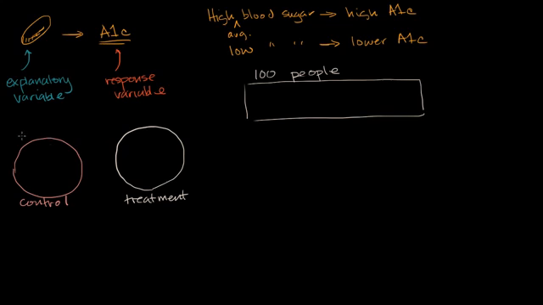So what we would do here is we would give this group a placebo, and this group would actually get the medicine. But those pills should look the same, and people should not know which group they are in. And when we do that, that is a blind experiment.